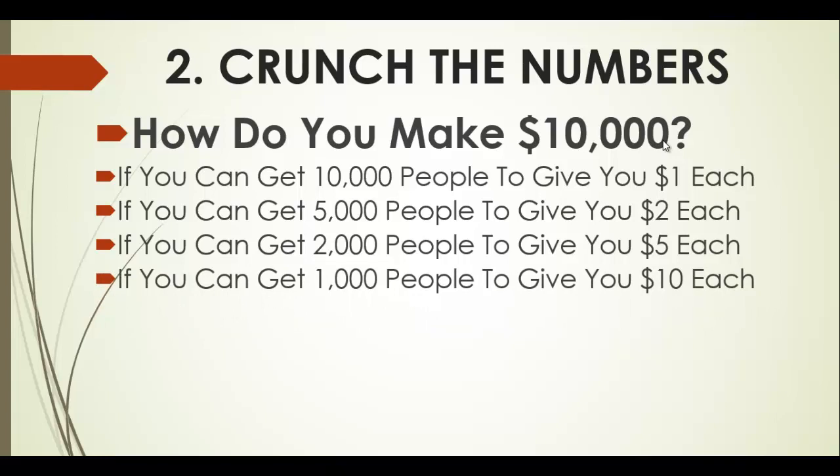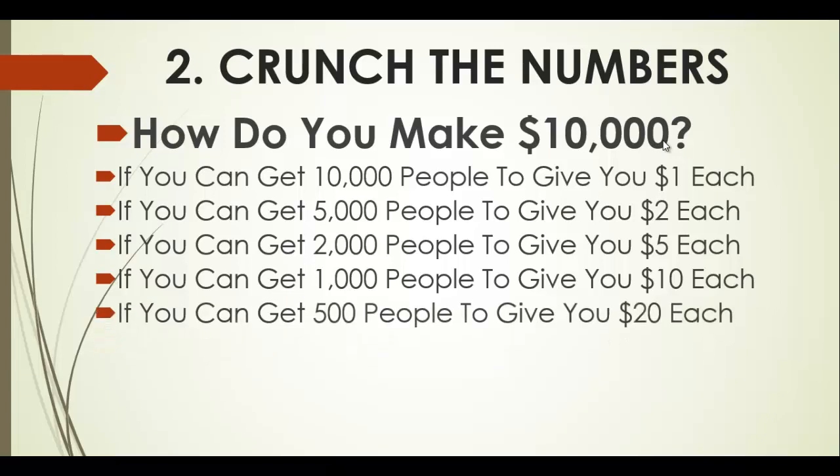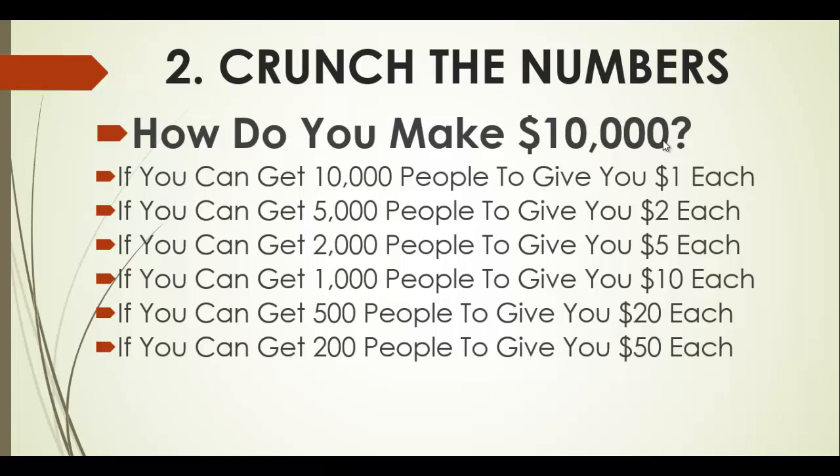You will arrive at your $10,000. What about 500 people giving me $20 each? You will arrive at your $10,000. What if I can get 200 people to give me $50 each? You can arrive at your $10,000.